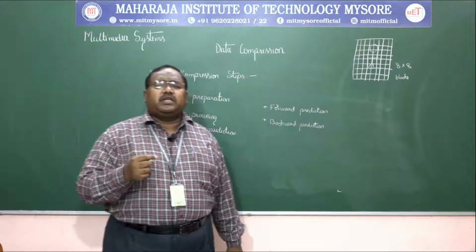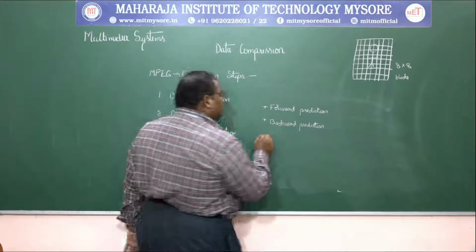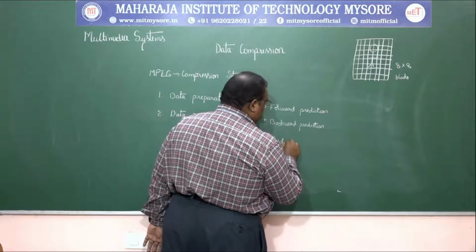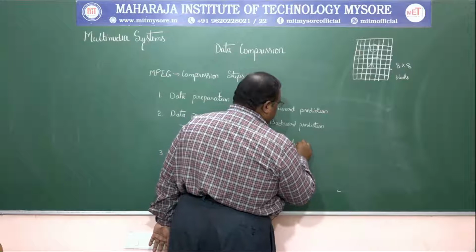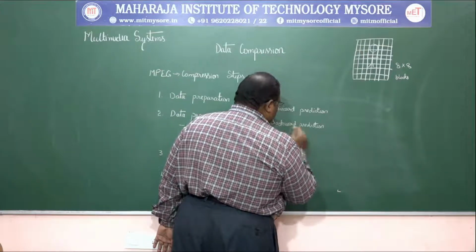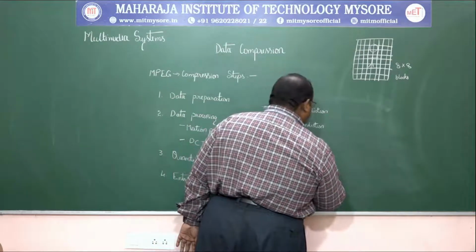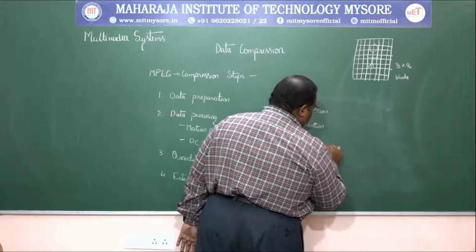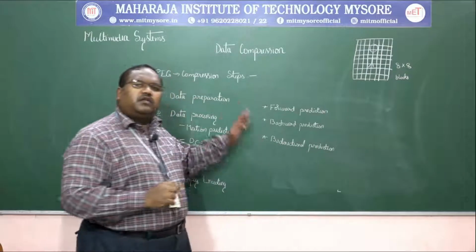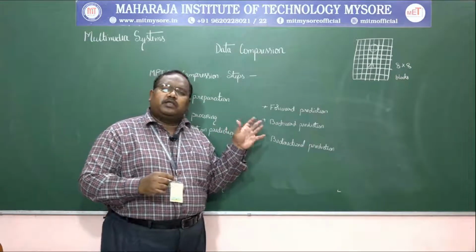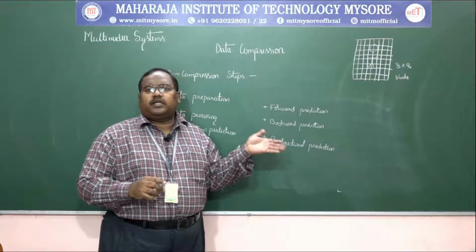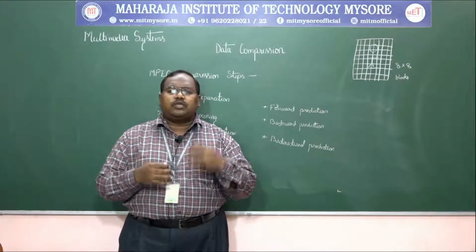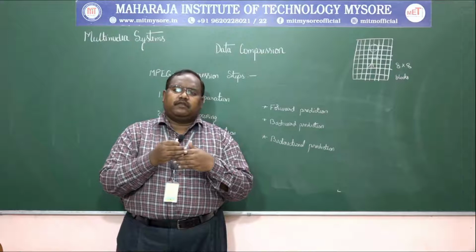The next kind of prediction is bidirectional prediction. We have seen the forward prediction and the backward prediction. A combination of both is said to be the bidirectional prediction. Here the prediction is based on both the previous and the future frames.